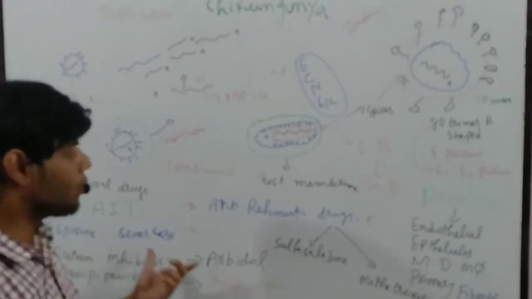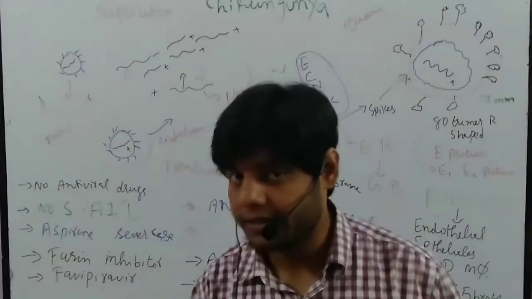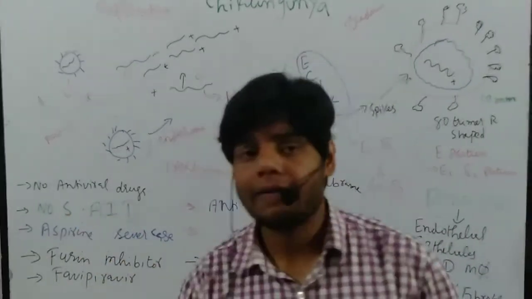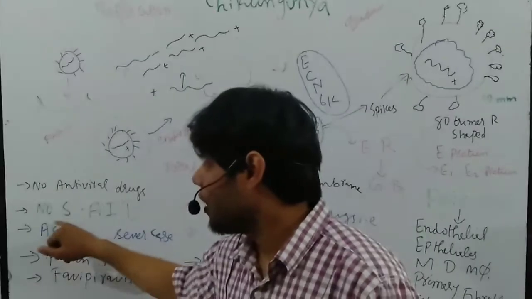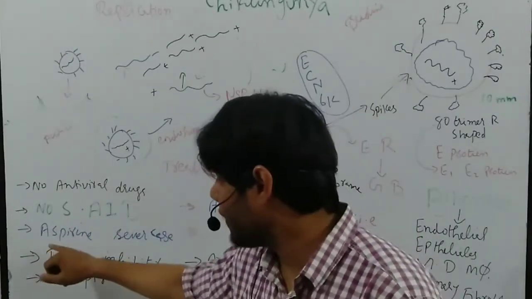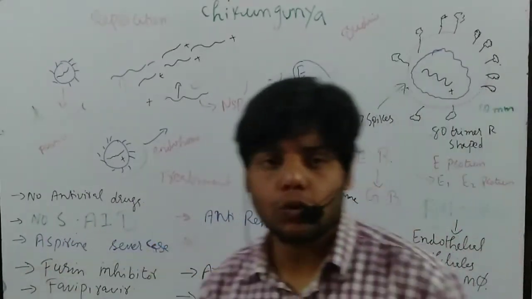Then we have the treatment of this chikungunya disease, that is, how we should treat chikungunya. As it is a viral disease, there are no antiviral drugs available, and we should avoid two drugs: steroid anti-inflammatory drugs and aspirin. We don't provide these drugs. Why?